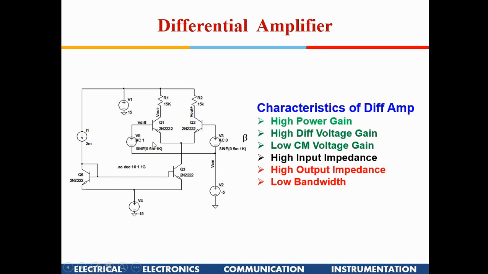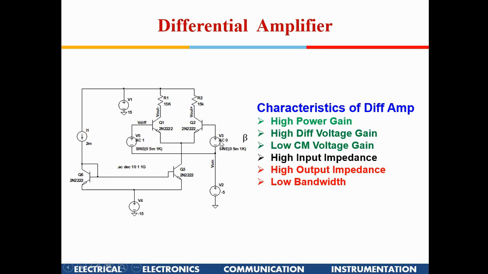If I give equal signals here, which are in phase and exactly similar, then the output will be 0. So it has a very low common mode voltage gain.